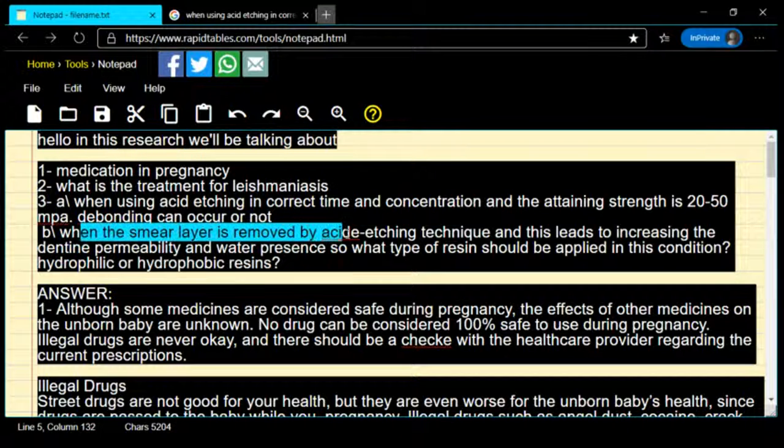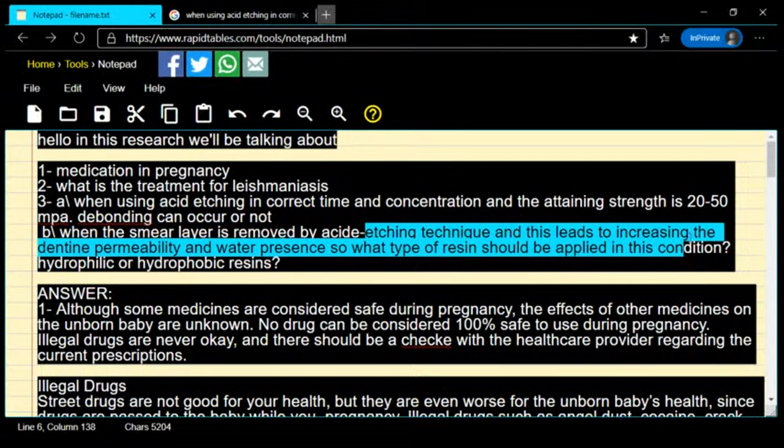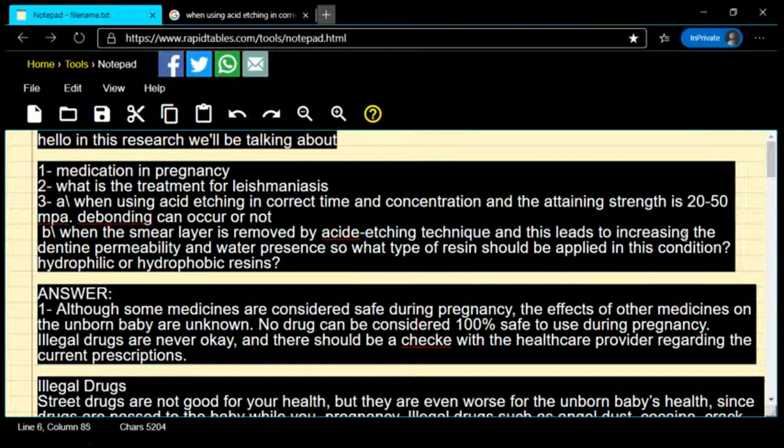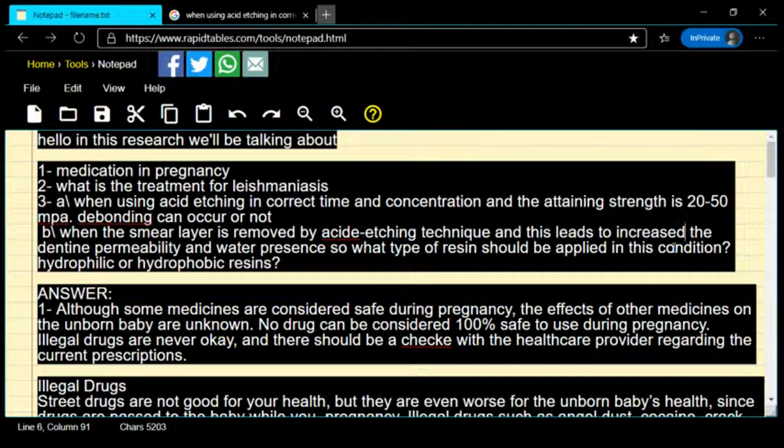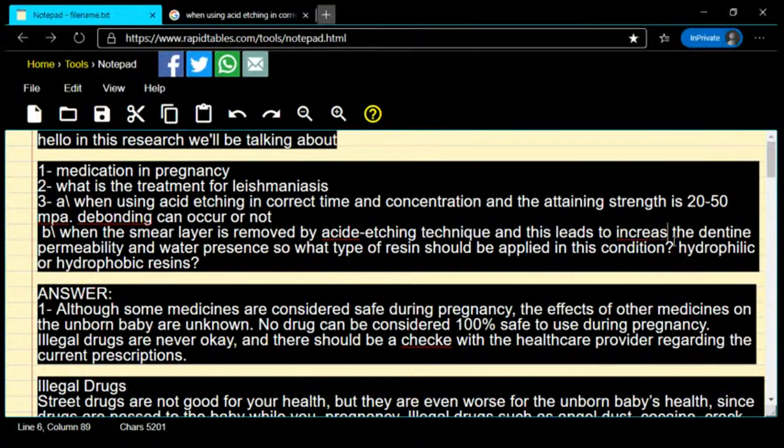When the smear layer is removed by acid etching technique, this leads to increased dentine permeability and water presence. So what type of resin should be applied in this condition? Hydrophilic or hydrophobic?